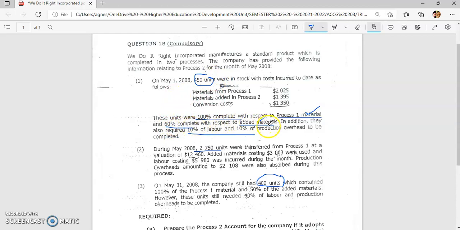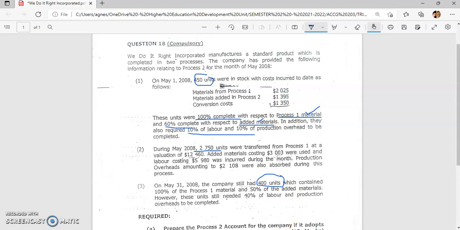So the 450 units that we're starting with in May already have 60% of the added materials. It means in order to complete these 450 units in this period under review, we need another 40% to complete them.